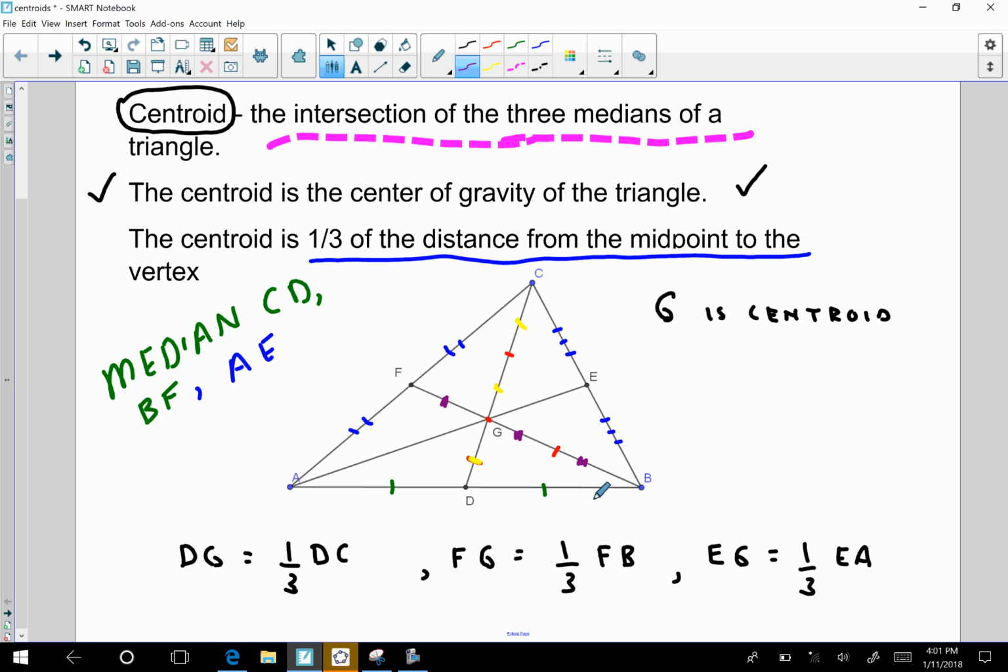In like manner, EG is 1/3 of EA, and we will divide that up into three congruent segments. Each median is divided into thirds. So let's use that property and answer some questions.